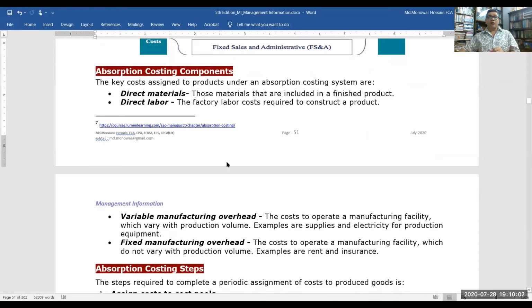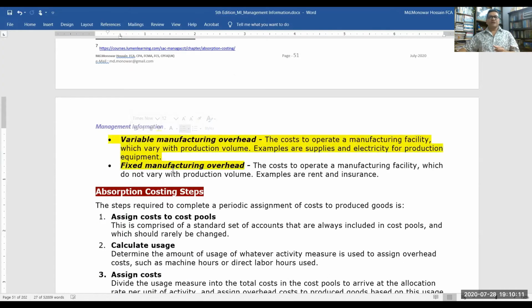So we know the absorption costing components: direct materials, direct labor, variable manufacturing overhead, and fixed manufacturing overhead.